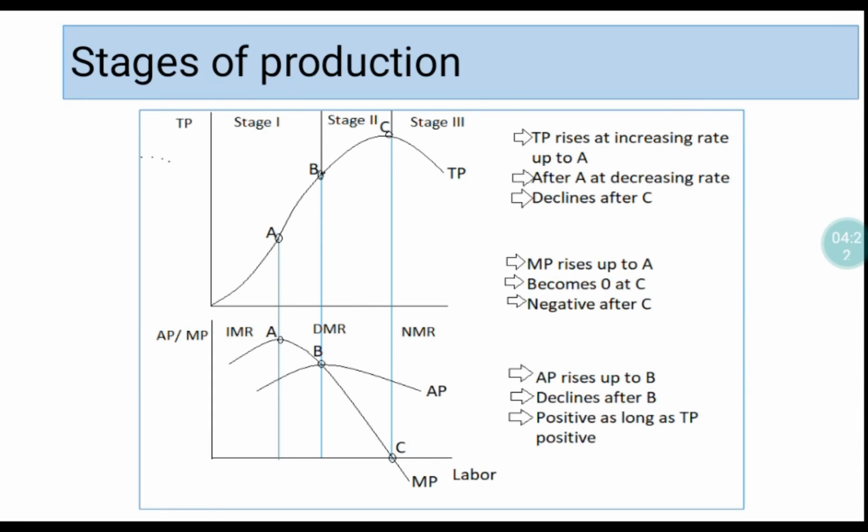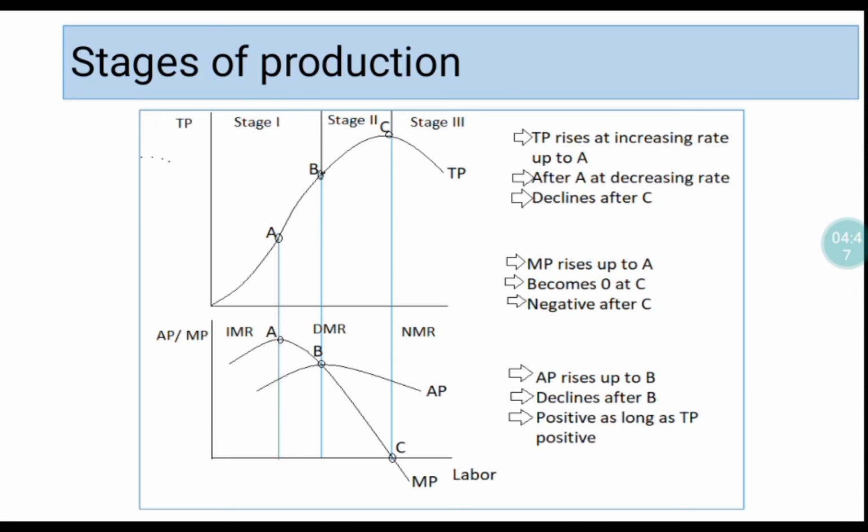Okay? So this corresponds with the marginal product curve. You find that the marginal product curve rises up to point A. Okay? Then it becomes 0 at C. And after C, it becomes negative. That is why you've got stage 1, stage 2, and stage 3, where you have increasing marginal returns, diminishing marginal returns, and negative marginal returns.